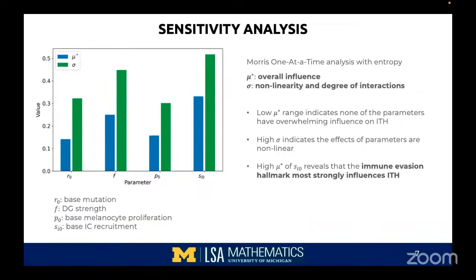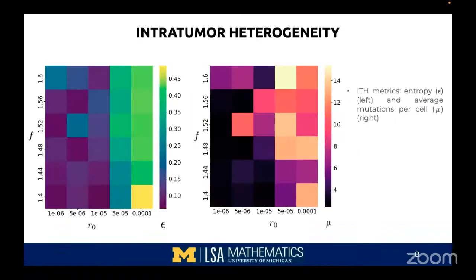But we wanted to look further into all of this. So we started with a quick look at the relationship between R naught, F, and intratumor heterogeneity, again, using those two metrics of entropy and of the average number of mutations or the tumor mutational burden.